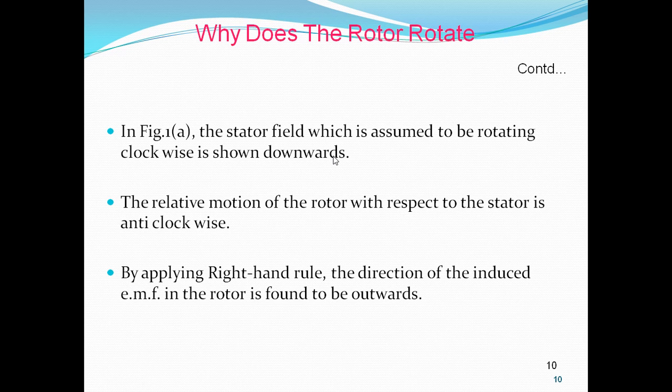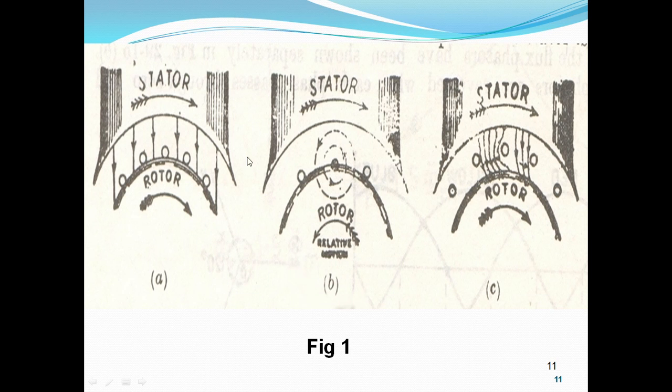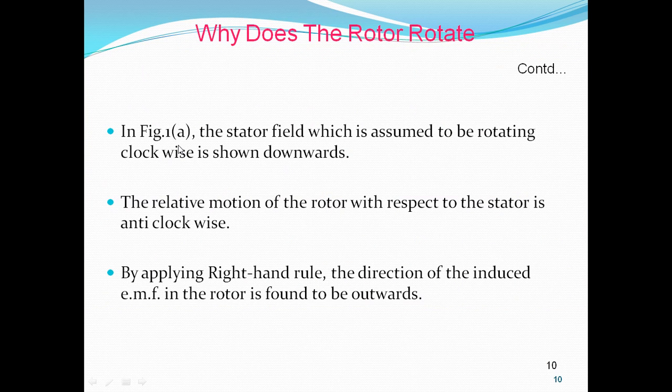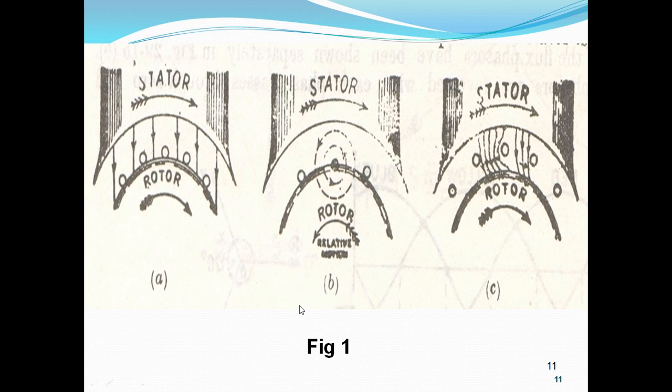It is flowing down. This is the stator flux flowing downwards. The relative motion of the rotor with respect to the stator is anti-clockwise. By applying the right-hand rule, the direction of the current induced in the rotor is found to be onward.